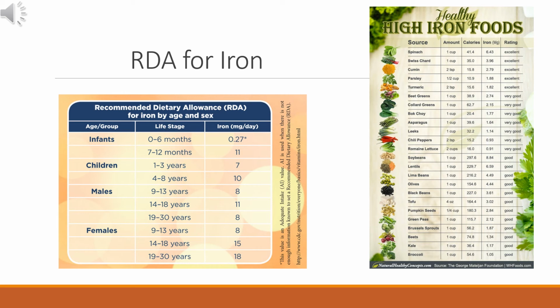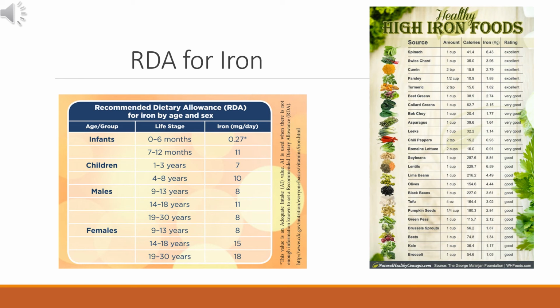Say you have a history of a deficiency in iron, or for some reason you're at risk for having an iron deficiency. You can use the dietary reference intakes in order to determine how much food with iron you need to get in order to make sure that you're meeting your needs. So for example, if you are a female between the age of 19 and 30, what you would do is look up the recommended dietary allowance, or the RDA, which is a subgroup of the DRIs, and you would find that you need about 18 milligrams of iron per day.